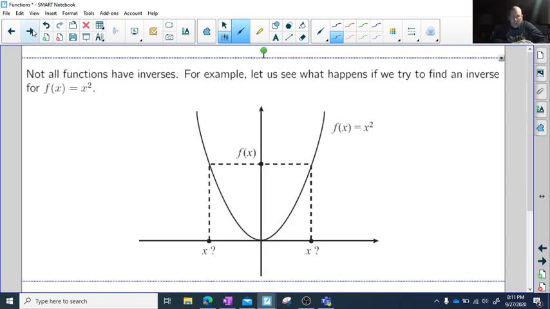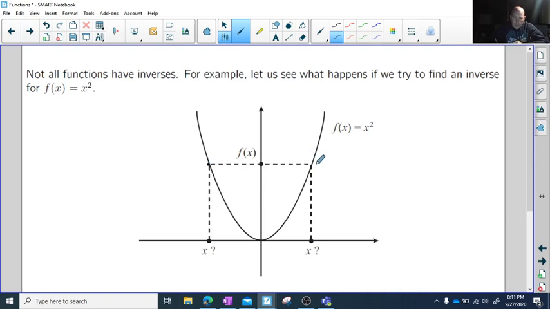Now, not all functions will have an inverse. You remember we said it has to work for every point on the function. So for example, if I had this graph and I had these 2 points, let's say this was 1, 2, 3, this was 4, and this was 2. So this was the point 2, 4. This was the point negative 2, 4. Well, the dilemma here would be, when x is equal to 2, I can clearly see that the y value would be 4.